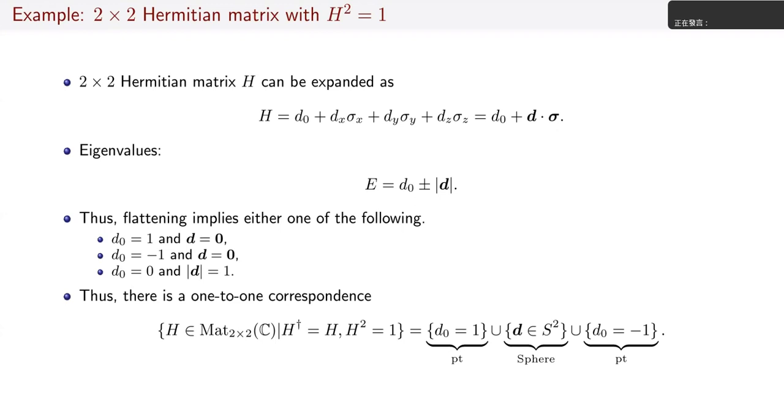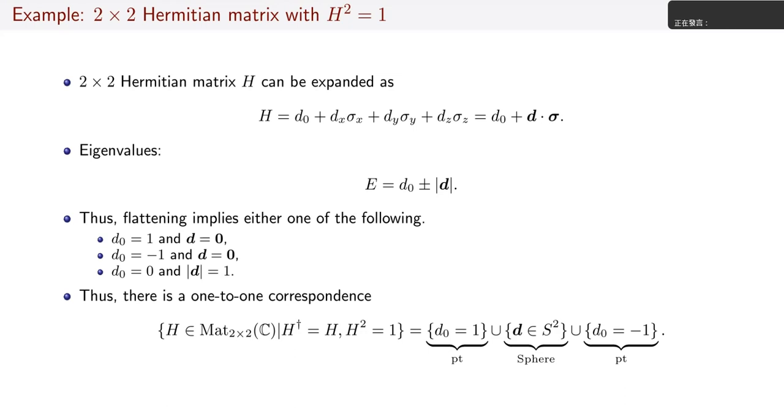So its eigenvalue is d0 plus or minus the absolute value of vector D. Then the flattening condition implies that we have one of the following 3 patterns. The first pattern is d0 is 1, and vector d is 0. The second pattern is d0 is minus 1, and vector d is 0. And the third pattern is most interesting: d0 is 0, and the absolute value of vector d is 1.